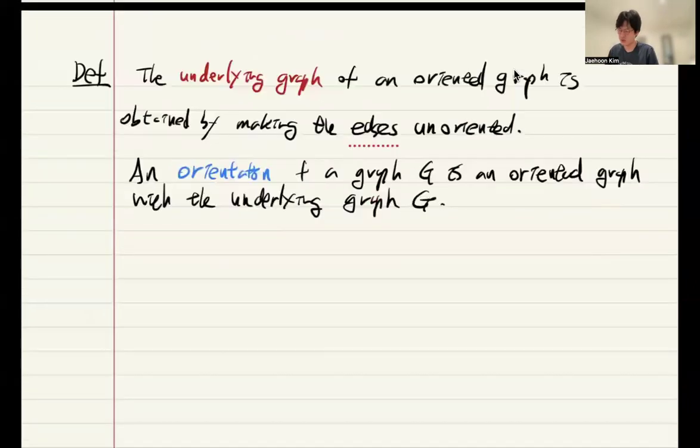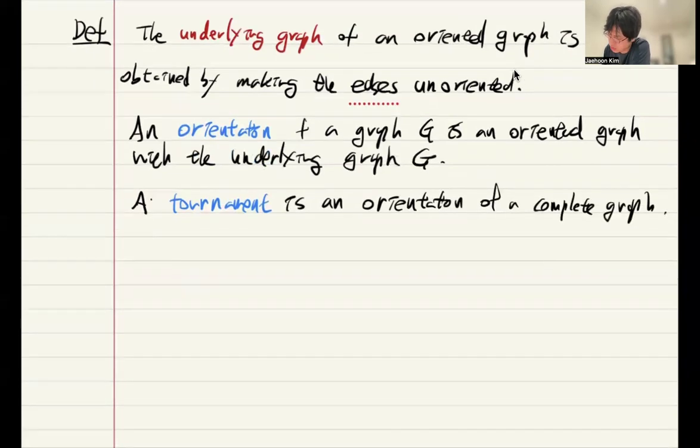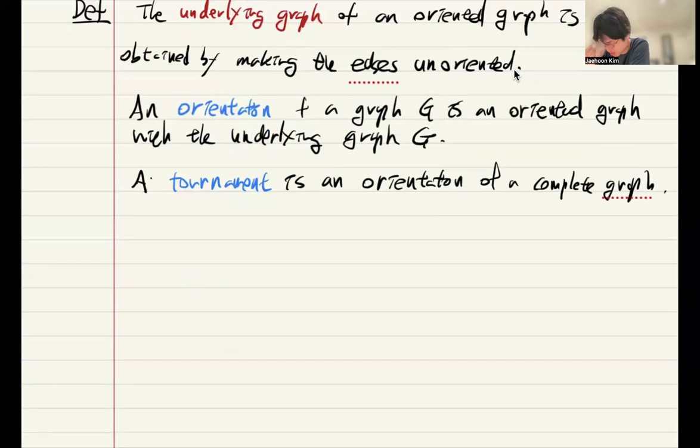And especially if you have an orientation of a complete graph, we give it the name tournament. So a tournament is an orientation of a complete graph. This name comes from the following interpretation of the diagram.